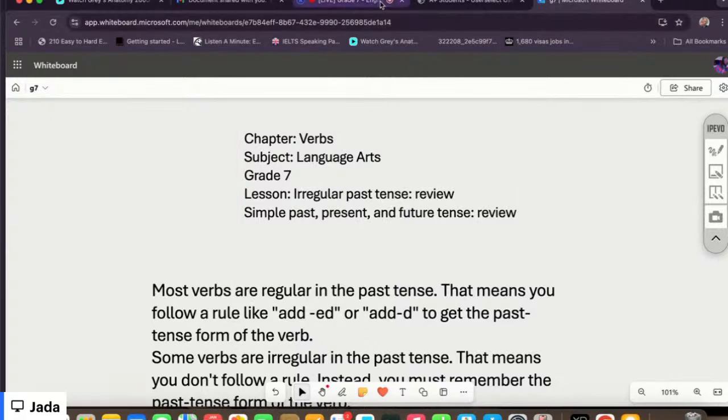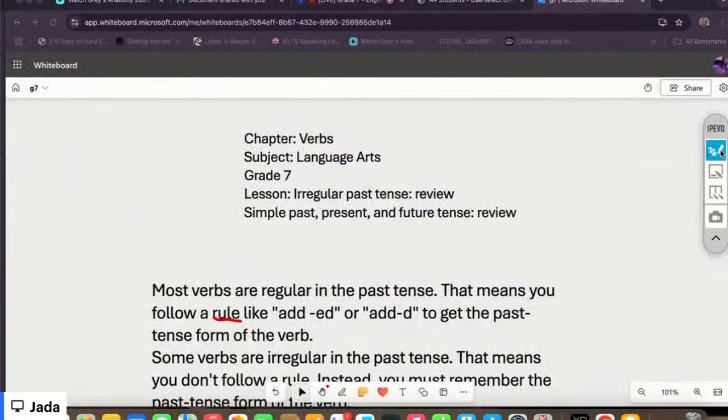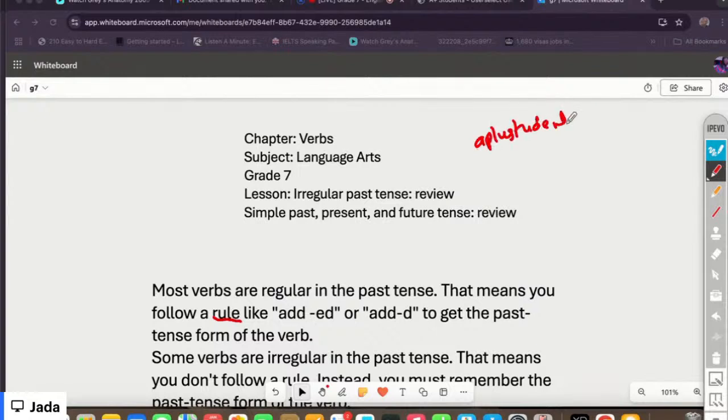Today we'll be having verbs from grade 7. First you have to log in using aplusstudents.com. Then you click on language art, click on your name, scroll down to grade 7 verbs, and select the chapter.